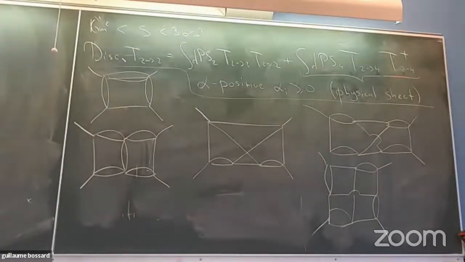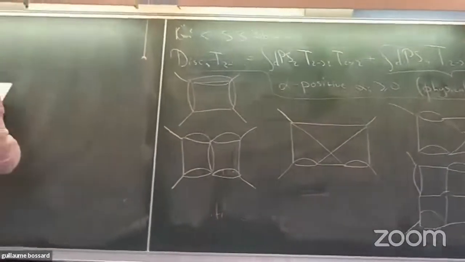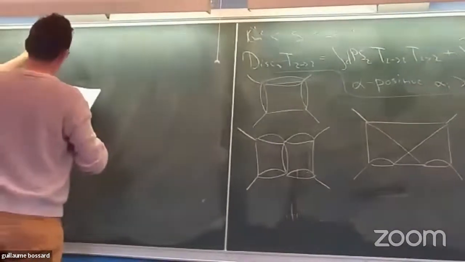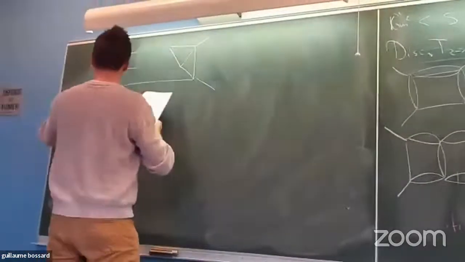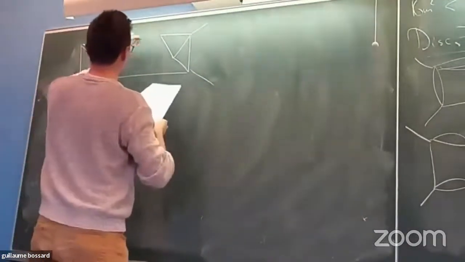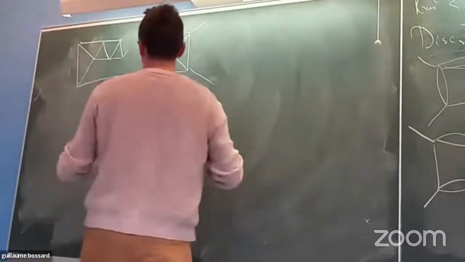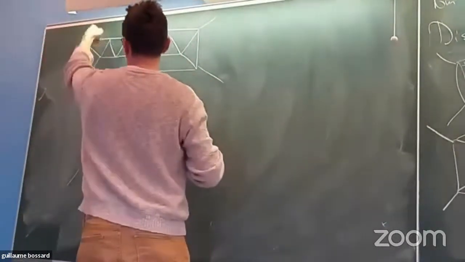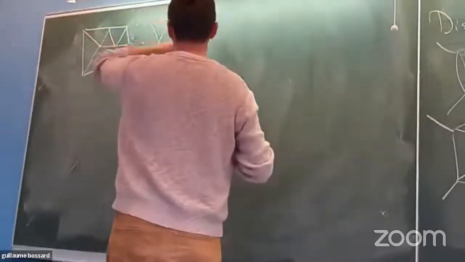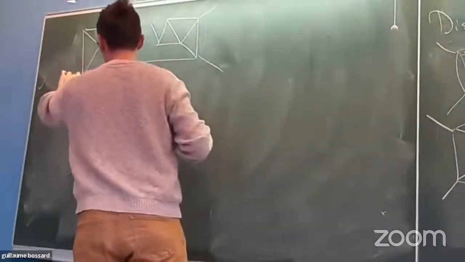This is the infinite family. Dot, dot, dot. So you see the basic idea. You can have a triangle chain. So you have a three-particle cut everywhere here, and a four-particle cut here.